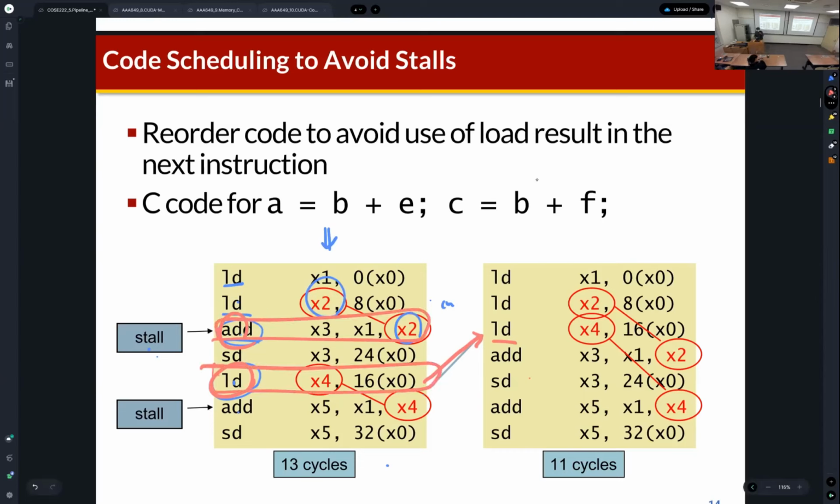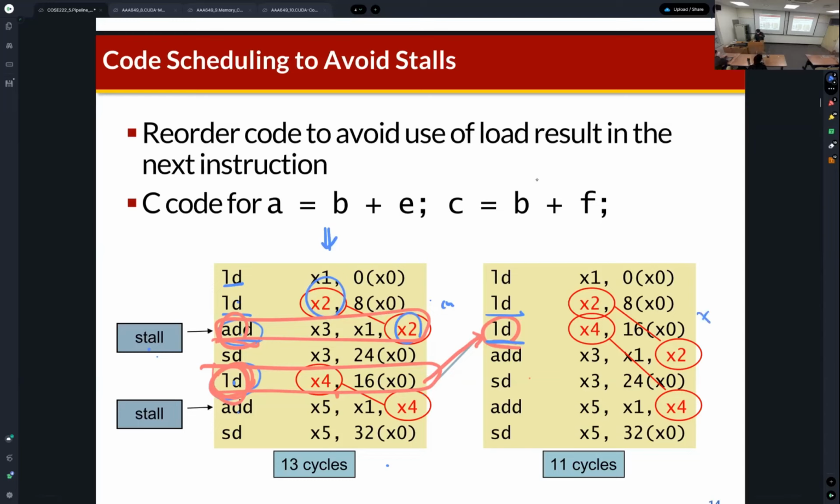The result of this load instruction is X4, but this add instruction does not require any data from this load instruction, which means that the load instruction can be here. In this case, after this load instruction, the next instruction is the load instruction. So the clock cycle is not wasted.